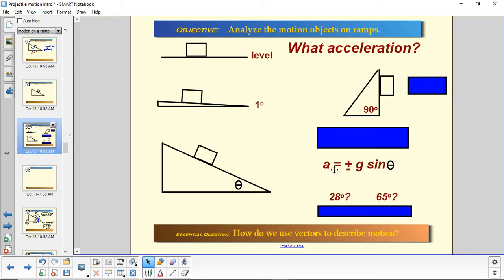All right, and here it is. Its acceleration is ±g sine theta, where theta is the angle of the slope, and g is 9.8. Now the plus or minus means that if you consider downhill to be positive, then it's going to go faster and faster down the hill.